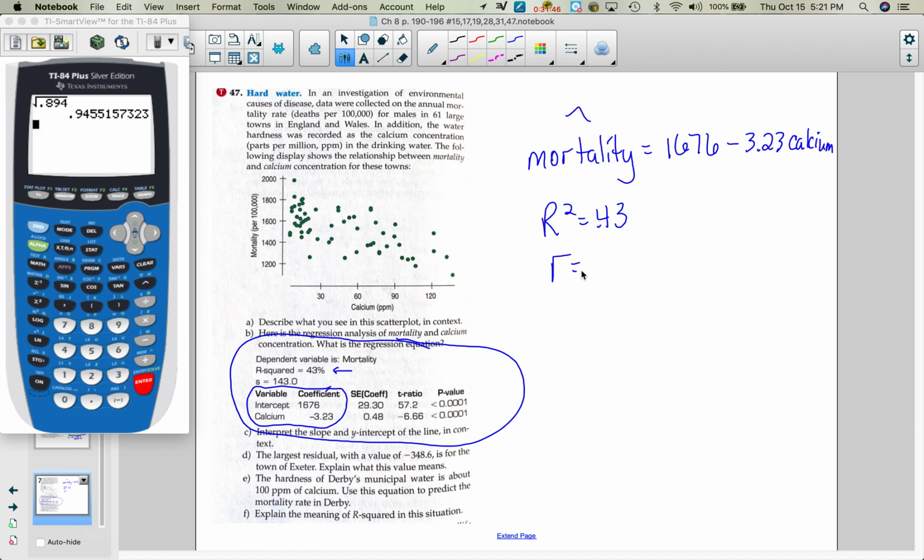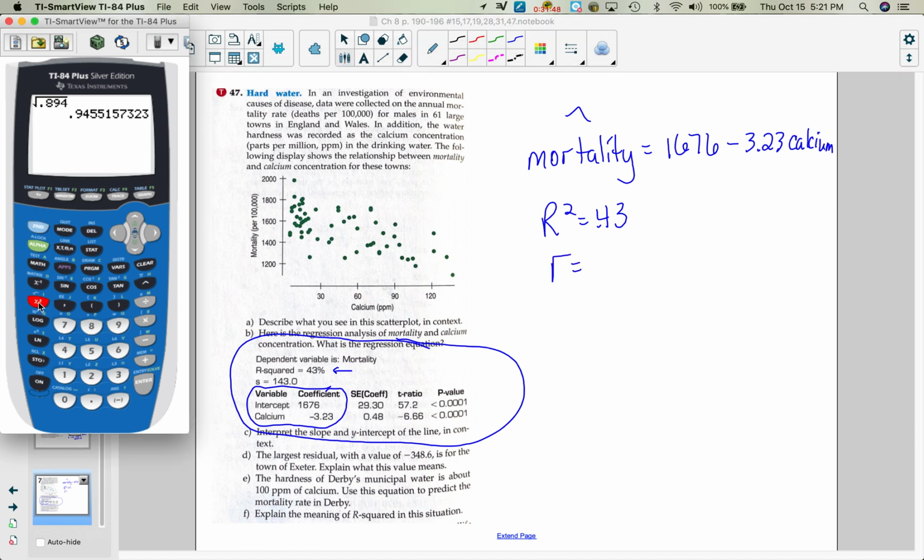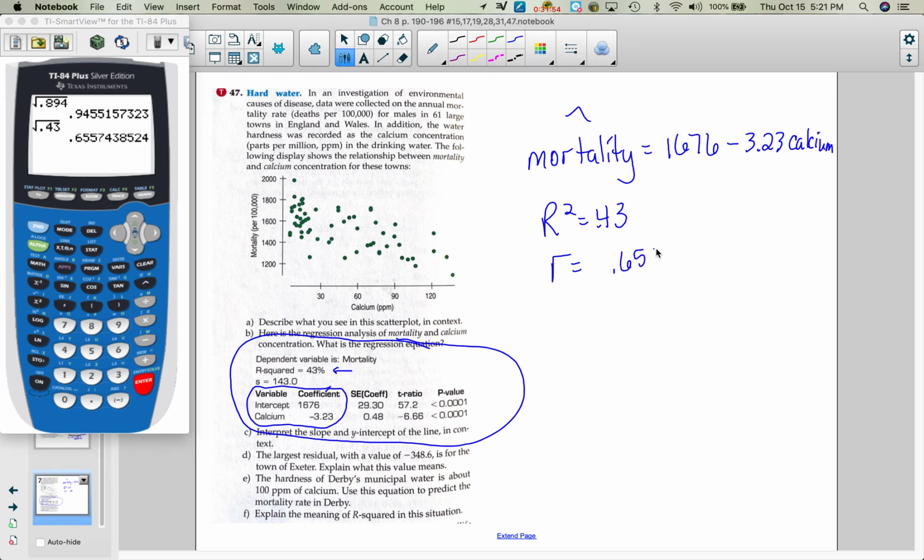So then r, if I do the square root of 0.43, I get 0.6557. However, negative slope, kind of a negative line here, this is negative. So you do have to pay attention. There's another example. Okay, so that's it.